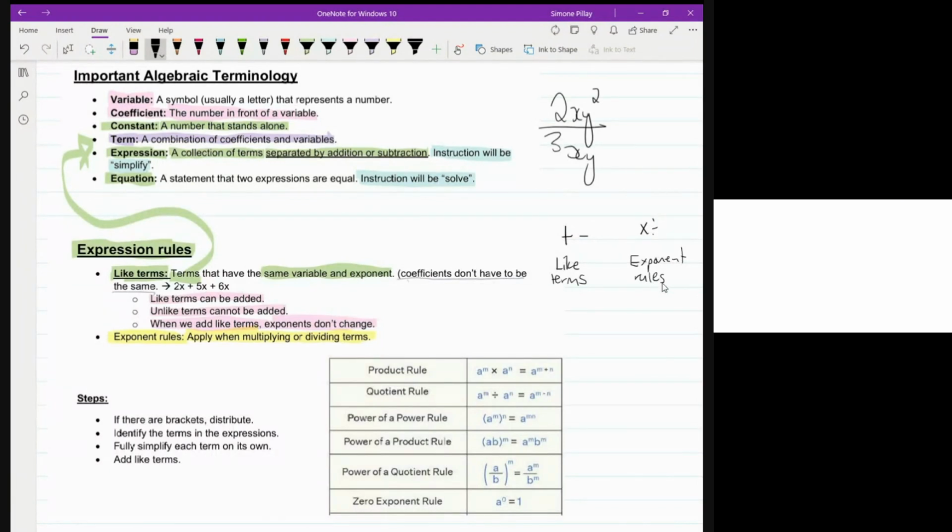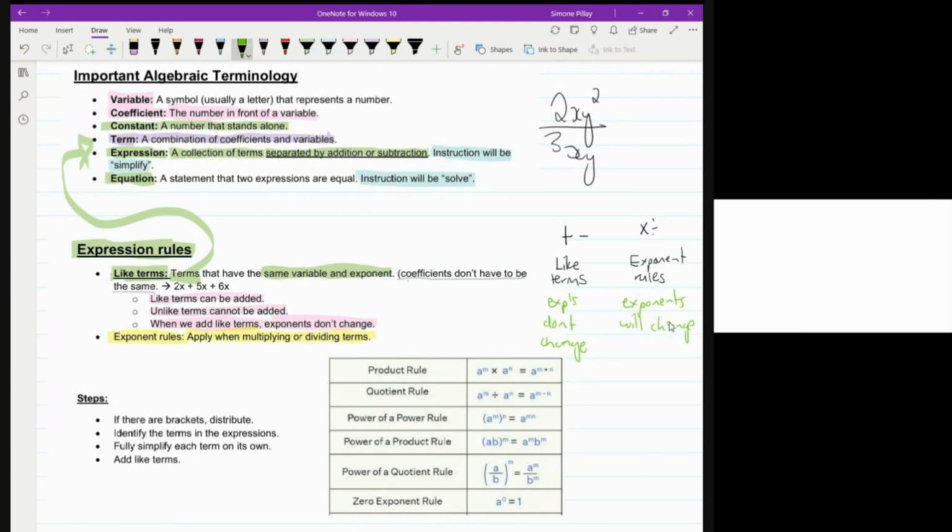And when we apply our like term rules, our exponents don't change. So the only time our exponents will change is when we're multiplying or dividing using our exponent rules.